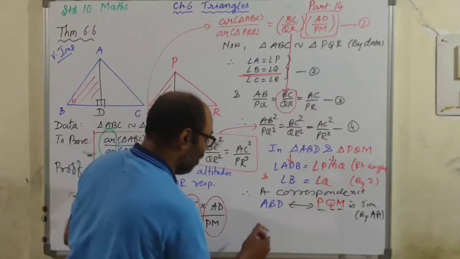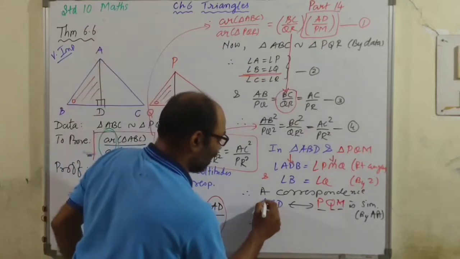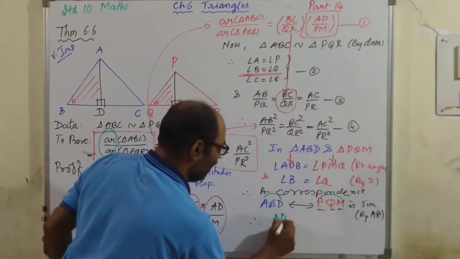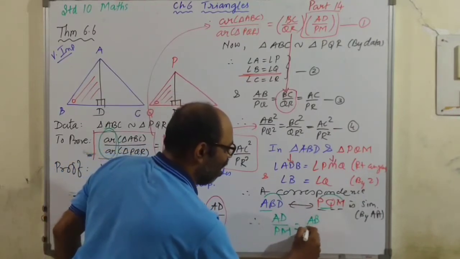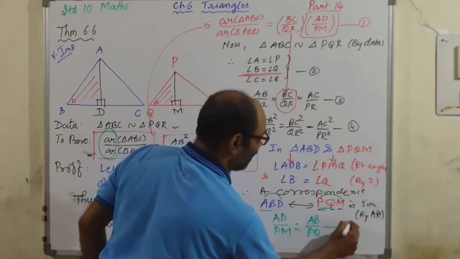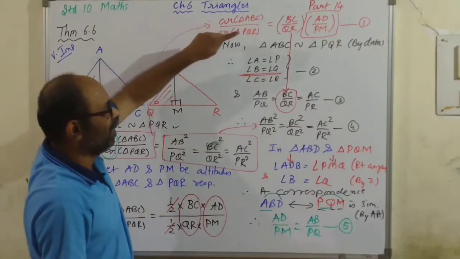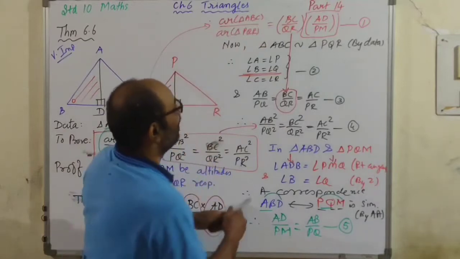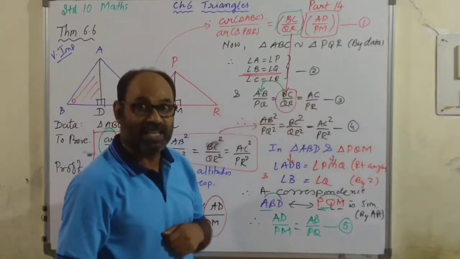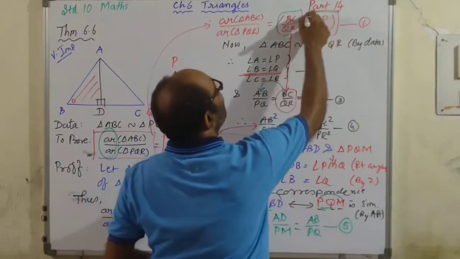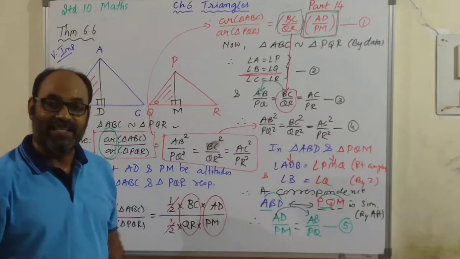Therefore, अभी देखो, therefore वो अल्टीट्यूड AD upon PM, यहां से लू AD अपॉन PM, AD अपॉन PM इज इक्वल टू, बोलिए बोलिए, AB अपॉन PQ, एंड दिस इज अनदर रिजल्ट, रिजल्ट नंबर 5. अब देखिए रिजल्ट 1 में BC अपॉन QR, दैट इज AB अपॉन PQ फ्रॉम रिजल्ट 3, and this AD upon PM is AB upon PQ by result 5.